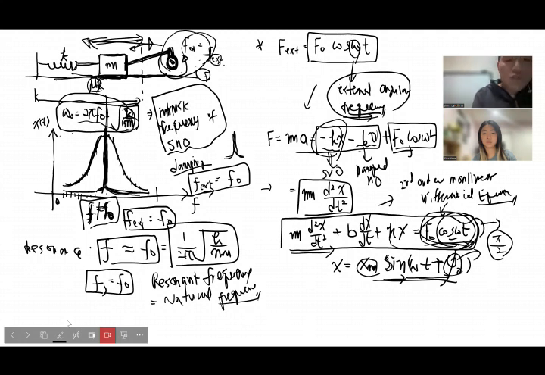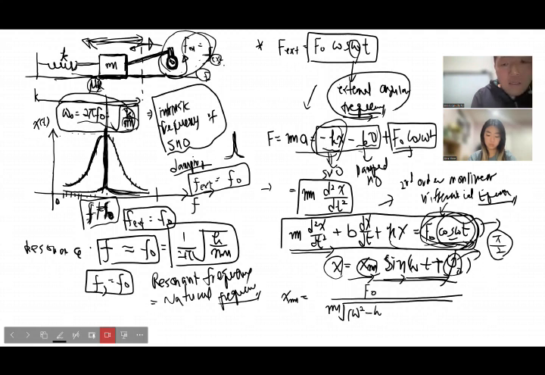If you solve this, plugging back into this formula, then the maximum amplitude of the displacement of the externally forced harmonic oscillator is expressed with this solution: F naught over m times the square root of omega squared minus omega naught squared, plus b squared omega squared over m squared.